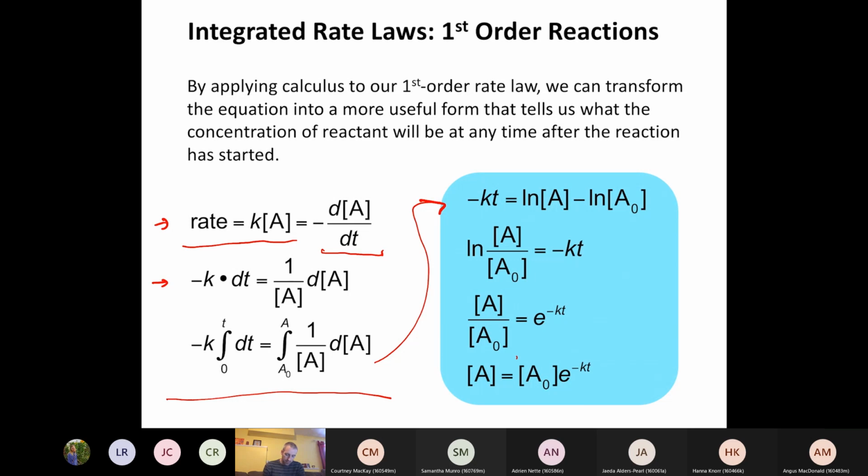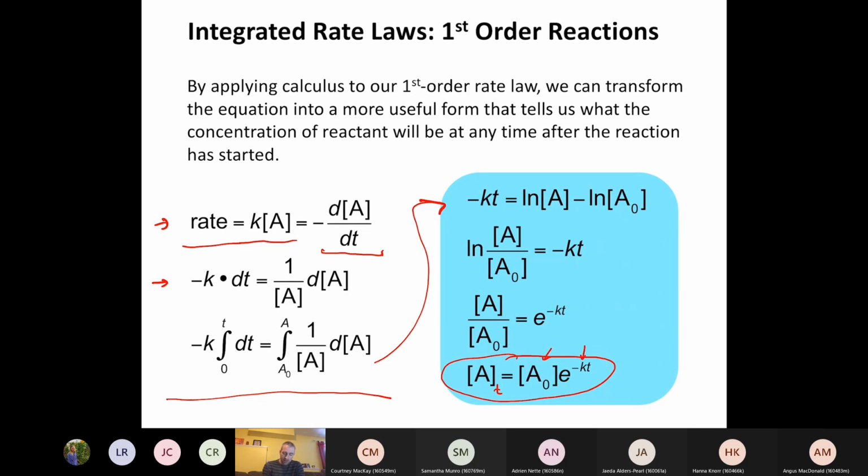And in my opinion, this is probably the most useful form of the integrated rate law for a first order reaction. So what this is telling you is that the concentration at some time t after the reaction has started will be equal to whatever your initial concentration was times e to the minus kt.